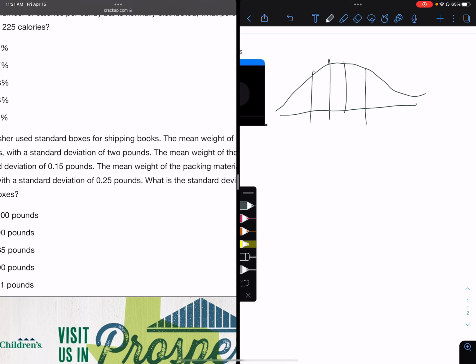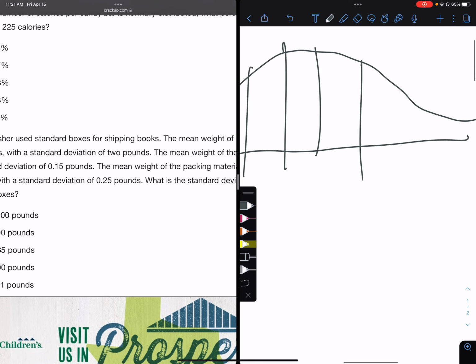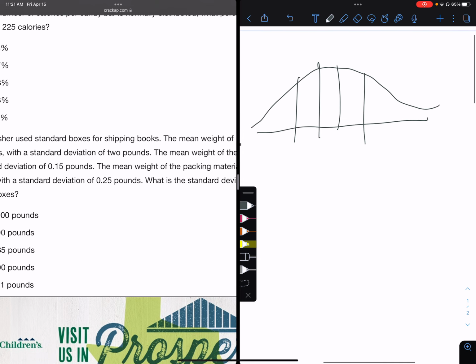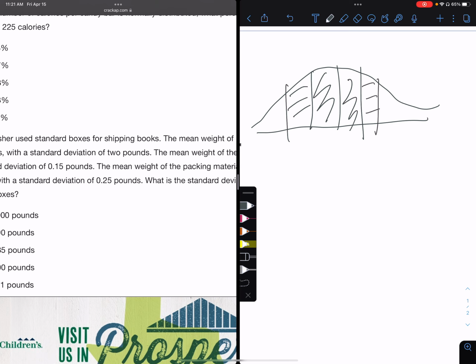Oh man, this is like the empirical rule thing. This is going to be like, if this is the mean, wait, oh, there we go, okay. Collectively, this is 13.5% or something.